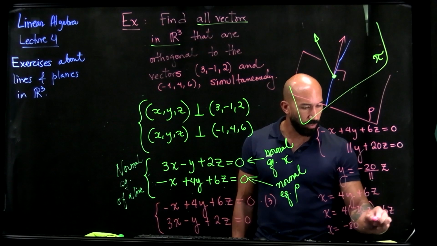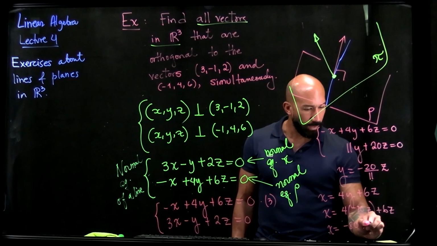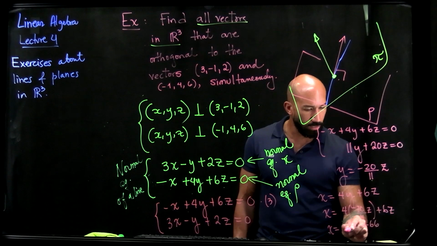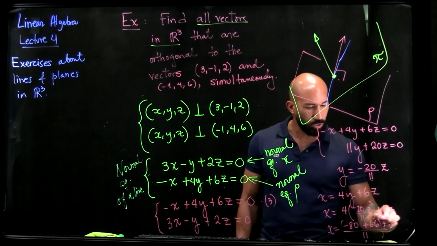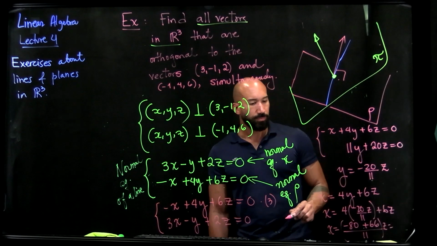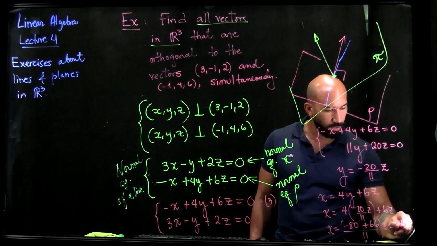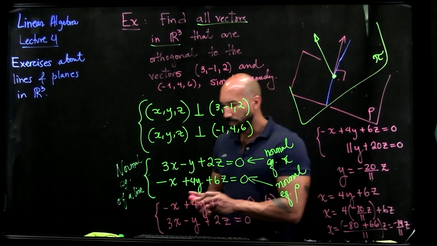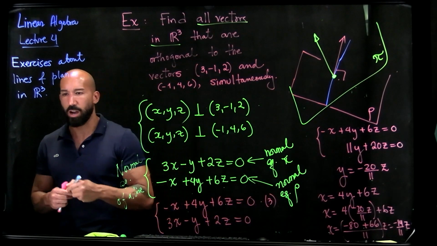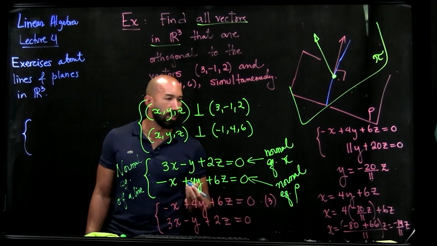I will have 11 as the common denominator, so plus 66, all these over 11 z, which is equal to minus 14 over 11z. And now, oh, it's pretty obvious what the parametric equation of this line is.